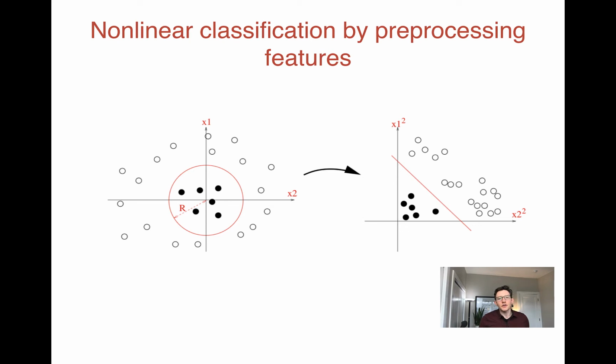That is, finding some other representation. So now I'm showing the same points, but instead of putting x1 and x2 on the horizontal and vertical axes, I'm putting x1 squared and x2 squared.